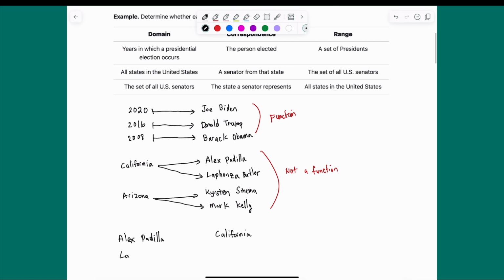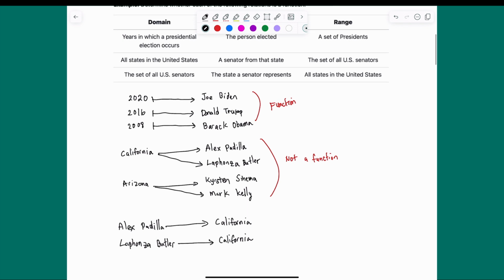Likewise, Laphonza Butler would get mapped to California. And you would get this type of correspondence.